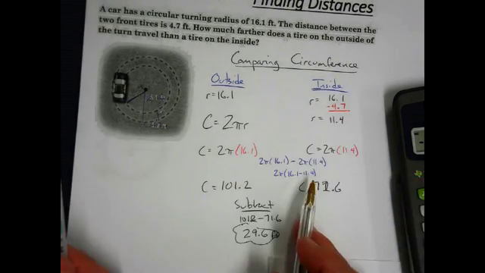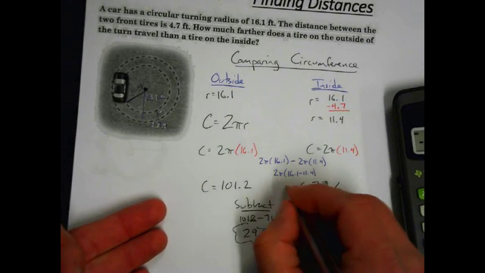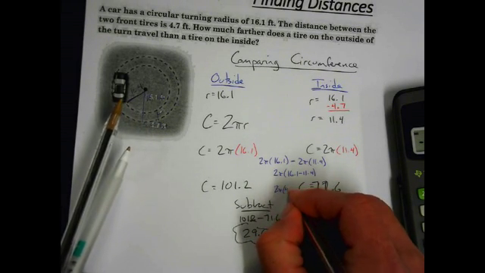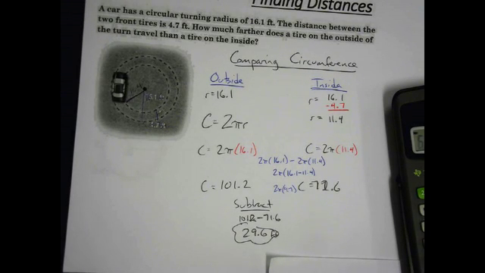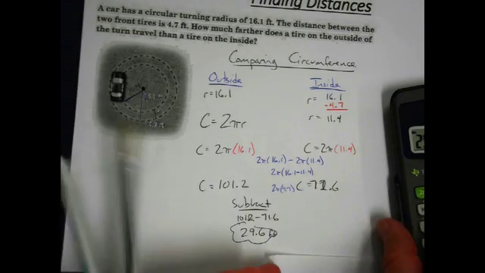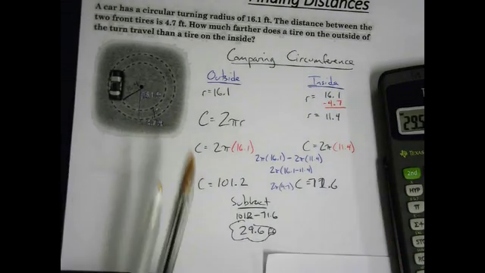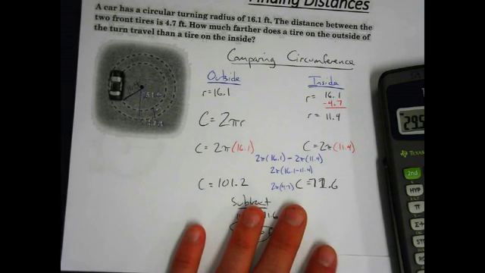And then we end up with 2 pi times 16.1 minus 11.4, or simply 2 pi times the difference that was given in the problem, 4.7. And then we have, again, 2 times pi times 4.7, boom, 29.6. Or in this case, 29.5. So in this other case, we get 29.5, which is a more accurate measure. But that's how we can work with this.